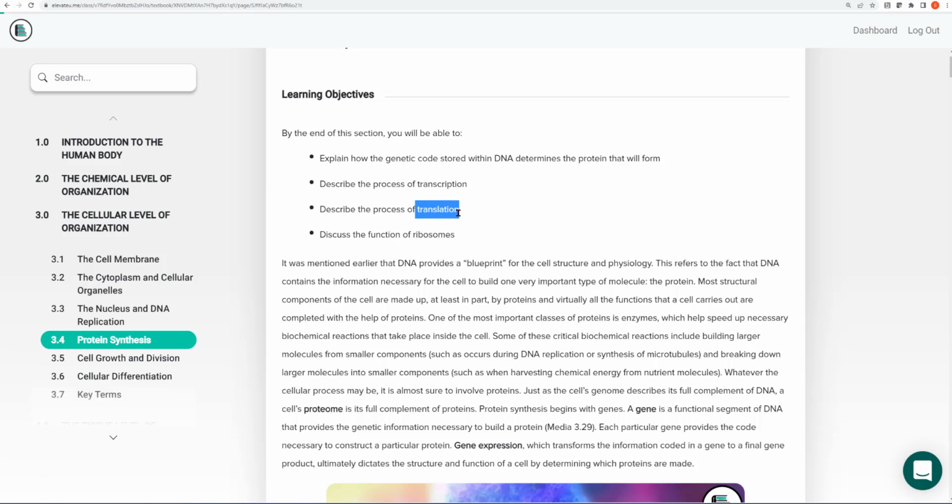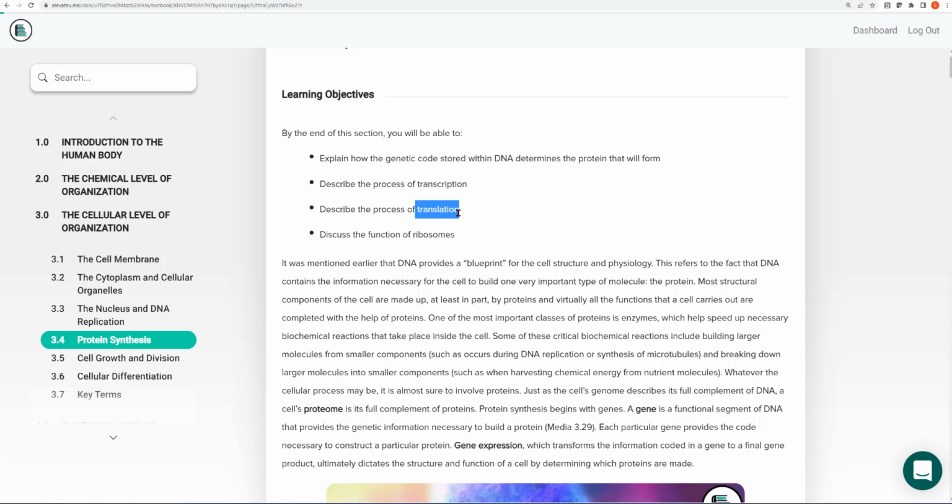Now, like replication, you could spend an entire exam covering the details of transcription and translation. I'm not going to expect a deep dive into all of the gory steps, into all the enzymes, and into all the regulation of transcription and translation. Instead, I want you to walk away with an overarching appreciation of these processes.